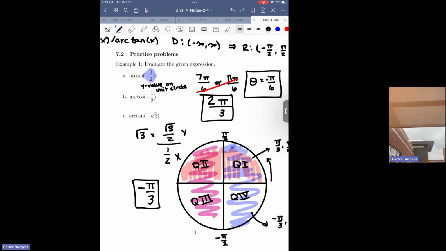So wait, what's the question? So why did we have to adjust these? Because that's just quadrant 2.